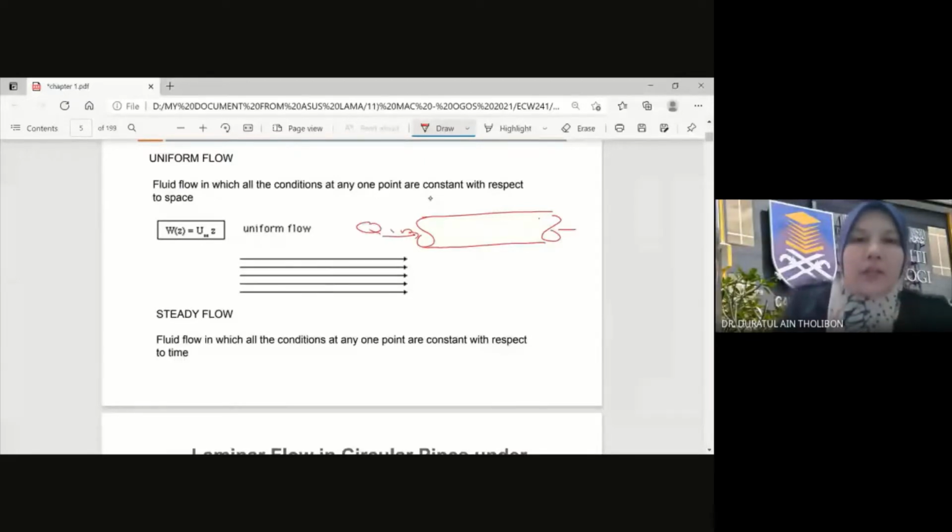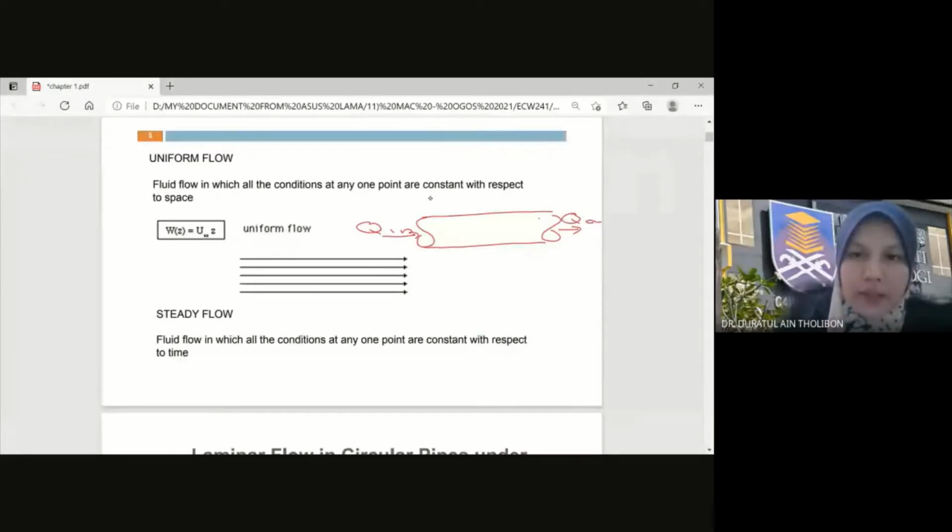So at any point along this pipe, like kira dekat center of the pipe or at the boundary of the pipe, the molecules that are flowing have the same velocity with respect to space. Meaning at any point, like kira di tengah pipe ataupun di tepi-tepi border pipe ni, because kita tak ada halangan dari segi border.